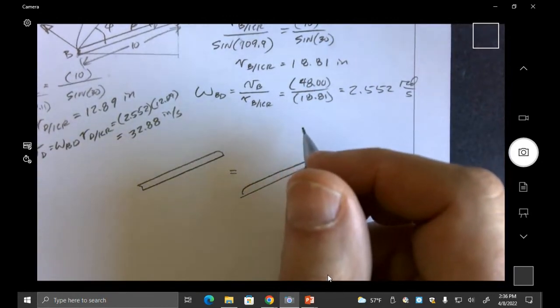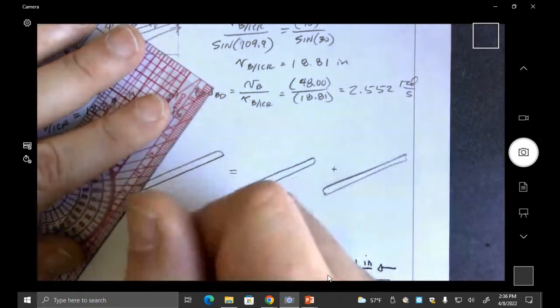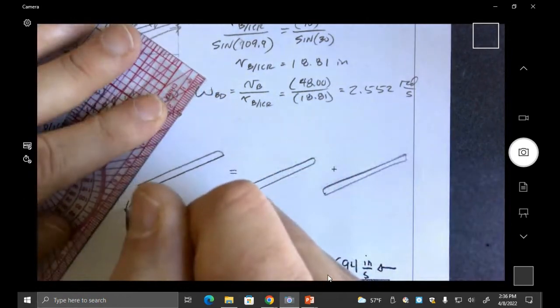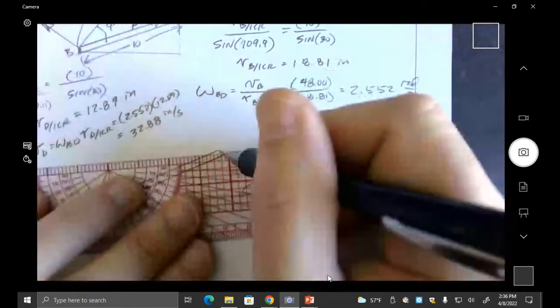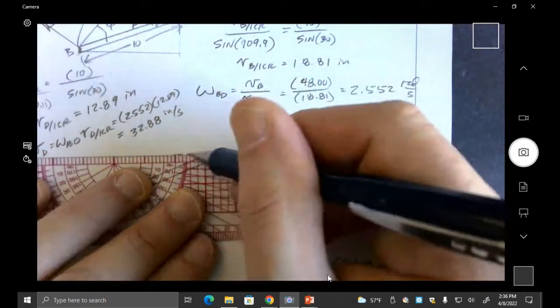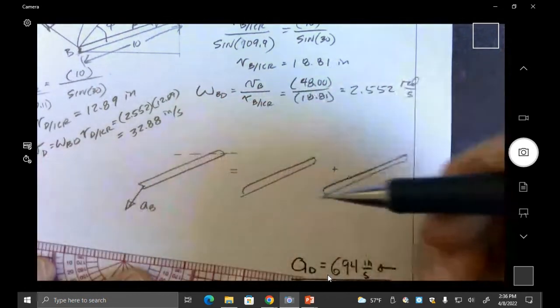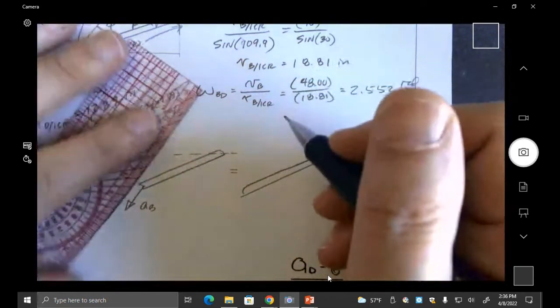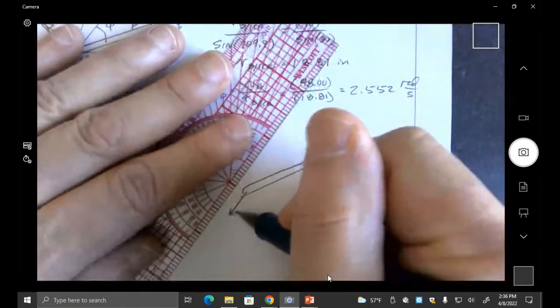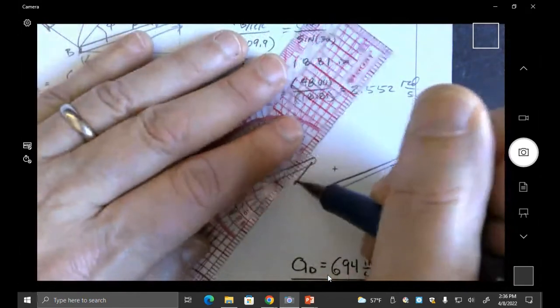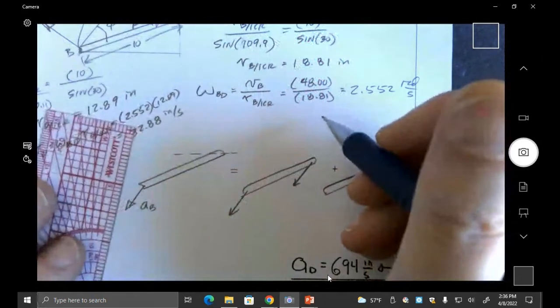People do. All right, so this acceleration right here is downwards, right? This is the acceleration of B, and this one has to be horizontal. So we take the one that we know, and apply it to both places.